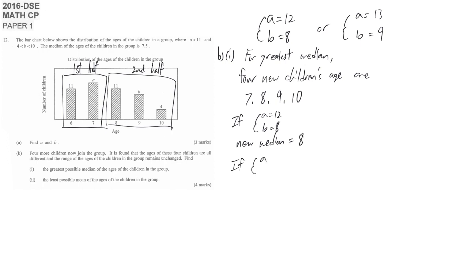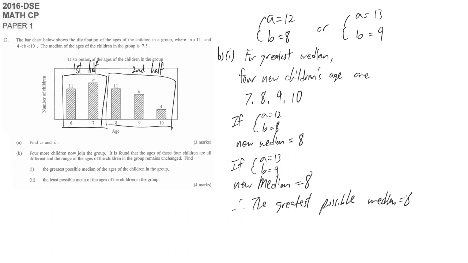Another case is also 8. So the greatest possible median is 8. Basically, in these two different situations, they both give you the same value of the median. It's just more secure to think case by case.